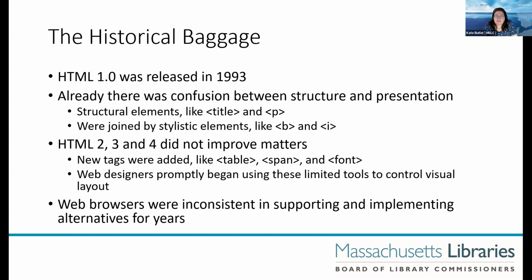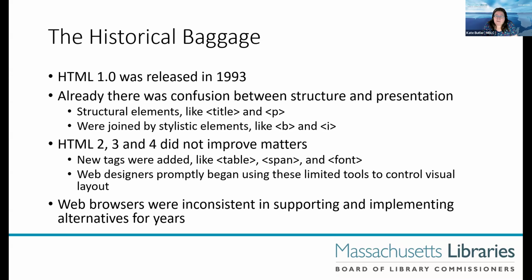Web browsers were inconsistent with how they rendered tags, or they failed to properly implement things that were presented as layout alternatives. It was pretty much a huge mess. The idea of separating style from the design was proposed really quickly, actually.